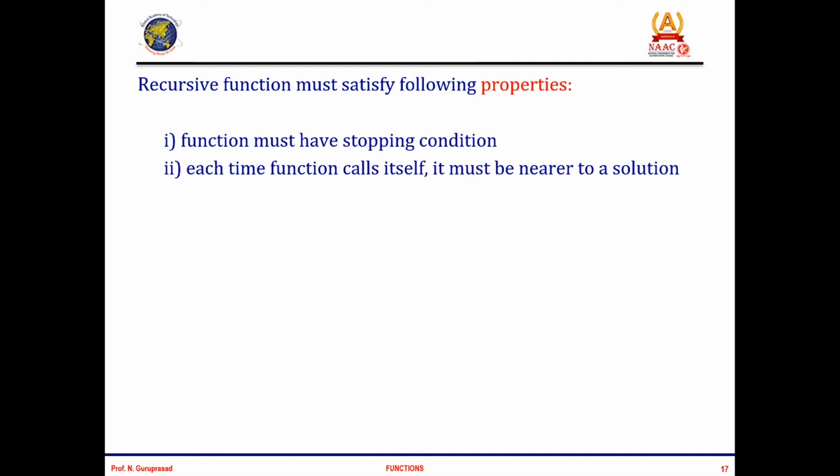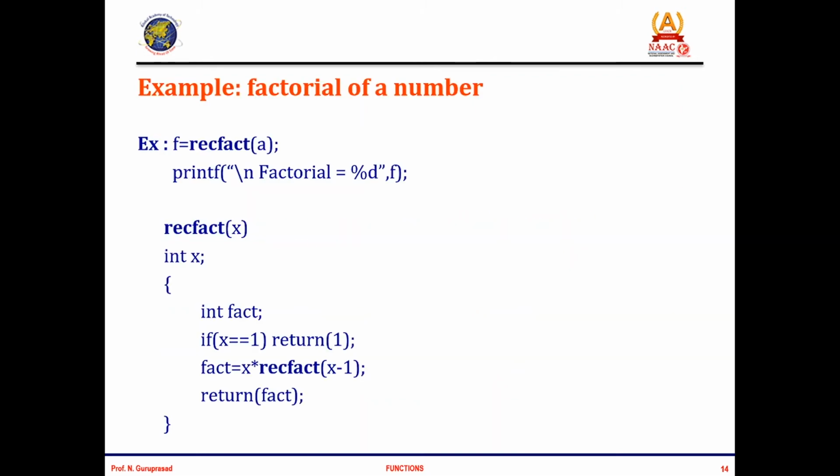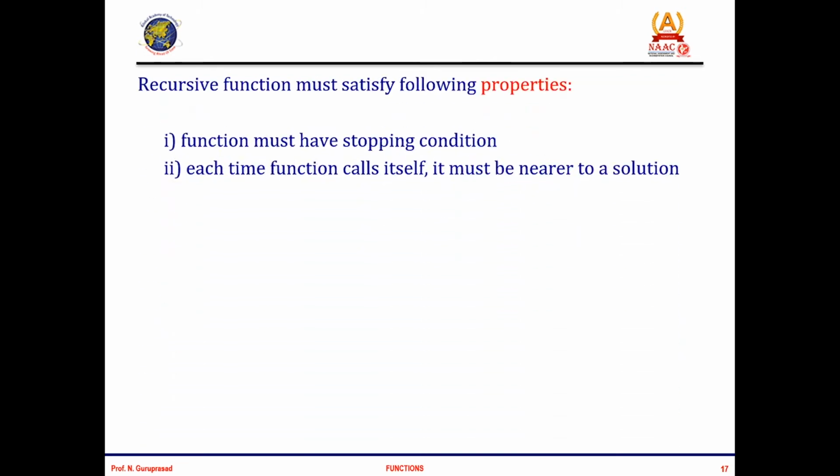In the factorial program, I was trying to find factorial 3, then it disintegrated into factorial 2, then factorial 1, and then factorial 0, correct? That is where I draw my conclusion as a stopping condition. If I do not know where I am going to stop, then what is the use of programming? That is the first property.